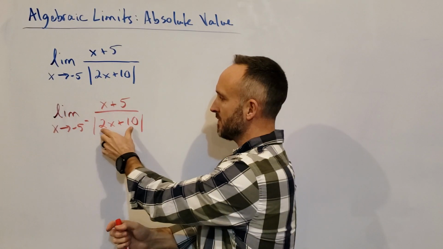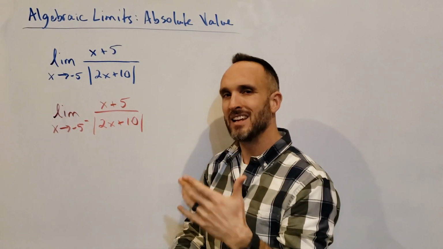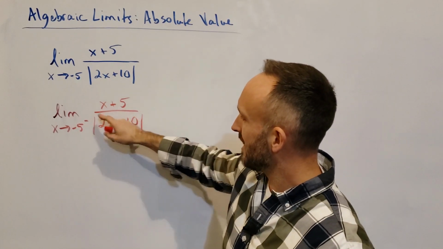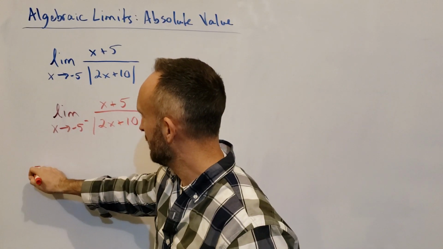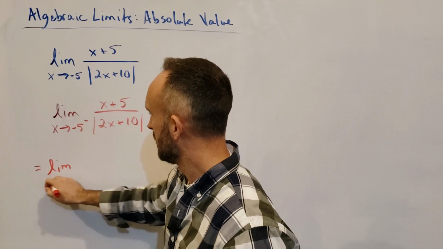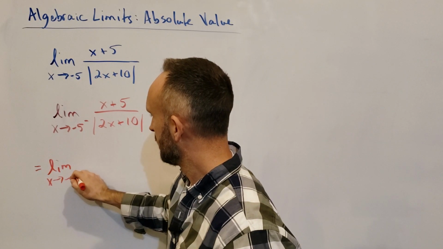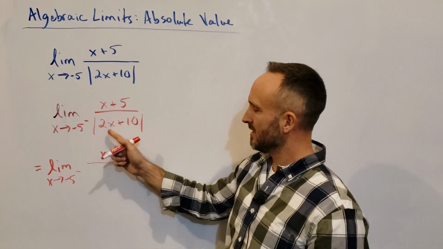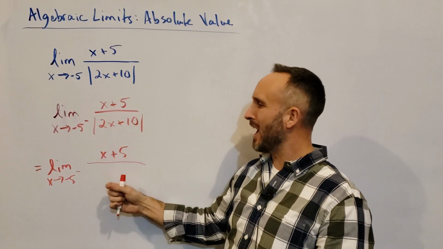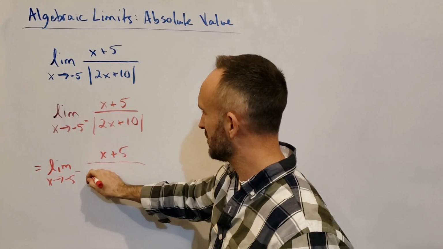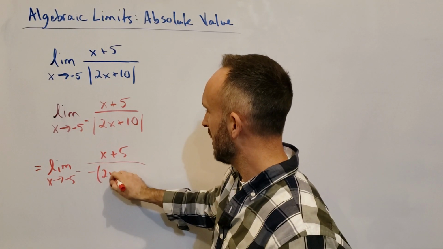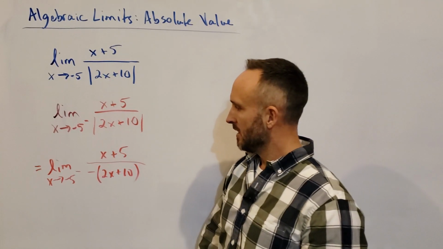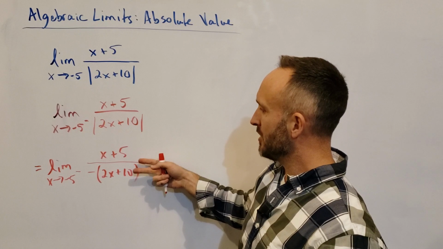Everywhere to the left of -5, 2x plus 10 is a negative value. And we discussed that if what's inside the absolute value is negative, then the absolute value is going to output the opposite of what's inside. So in other words, it's going to output negative times the quantity 2x plus 10. Okay? Now there's no absolute value.